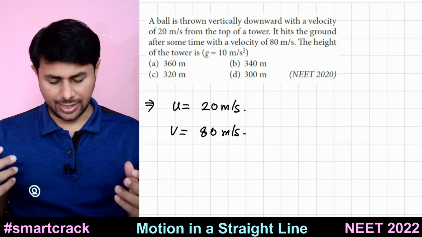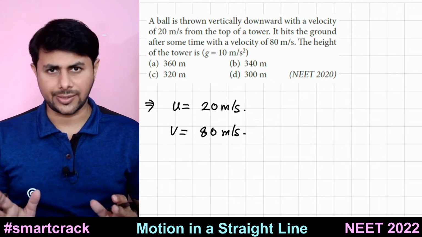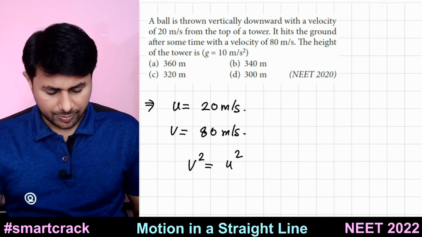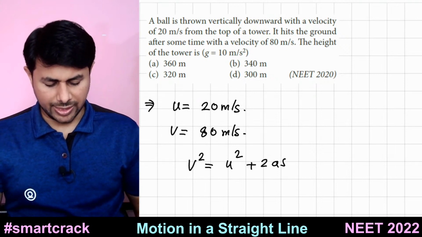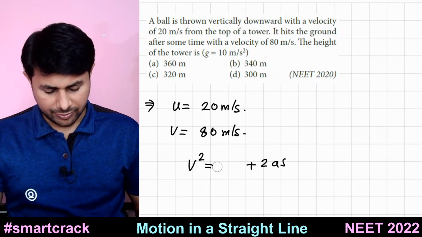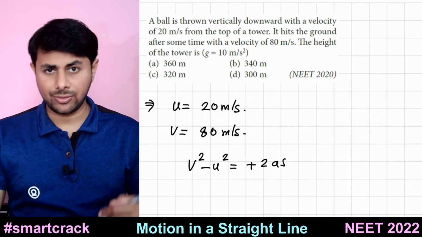We know the kinematic equation of motion, v square equals to u square plus 2as. If we take u square on the other side, it can be written as v square minus u square equals to 2 times a into s.